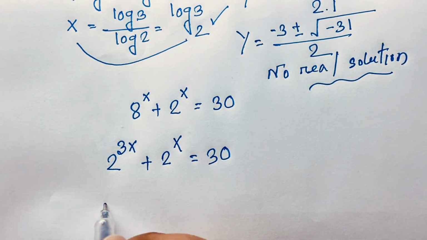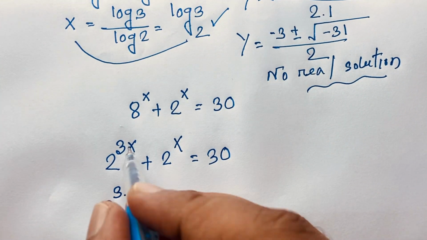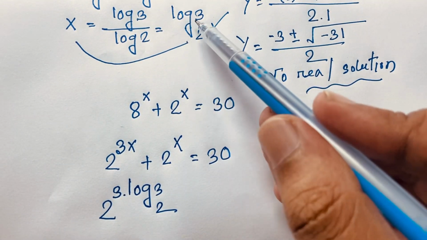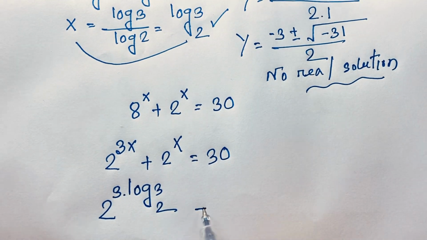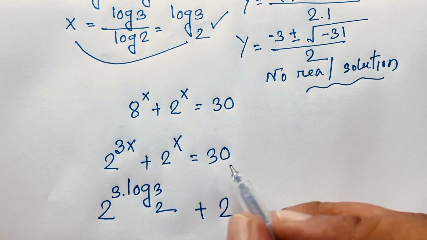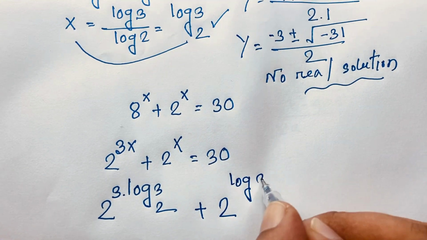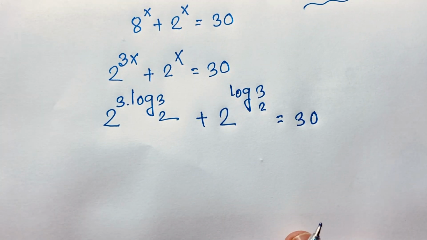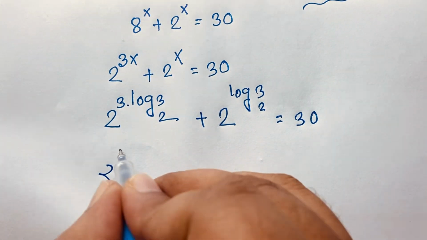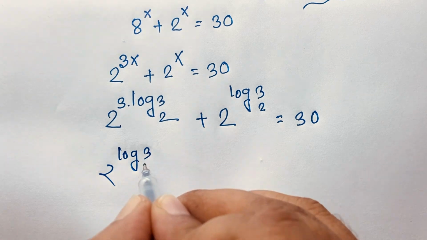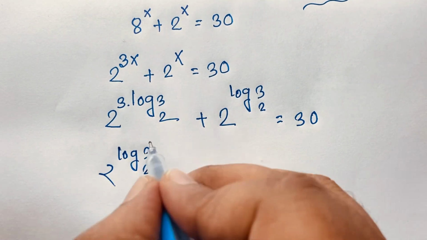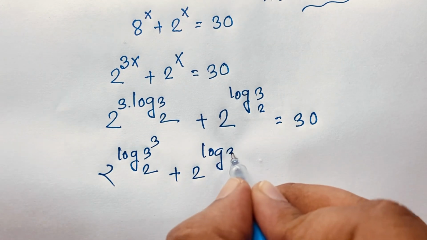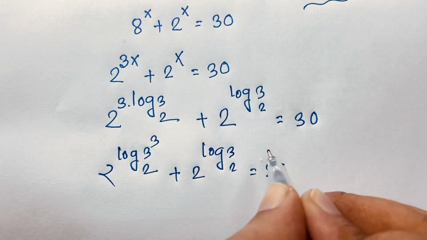Now you can see easily here, 2 to the power 3 and x will be log 3 base 2. Here x is equal to log 3 base 2, plus 2 to the power log 3 base 2, is equal to 30. Now at this moment you can see easily that in 2 to the power log 3 base 2, the 3 moves on here, plus 2 to the power log 3 base 2 is equal to 30.